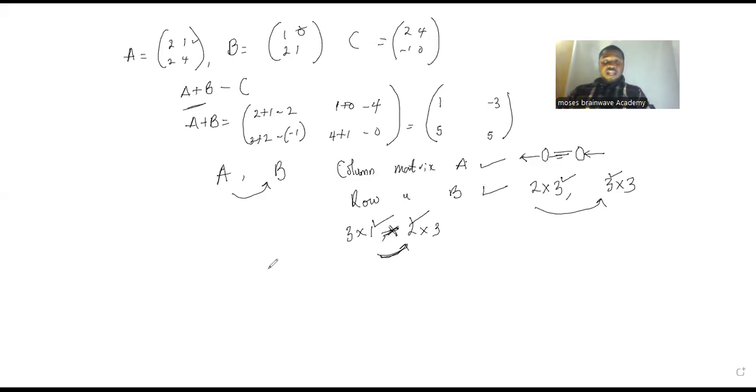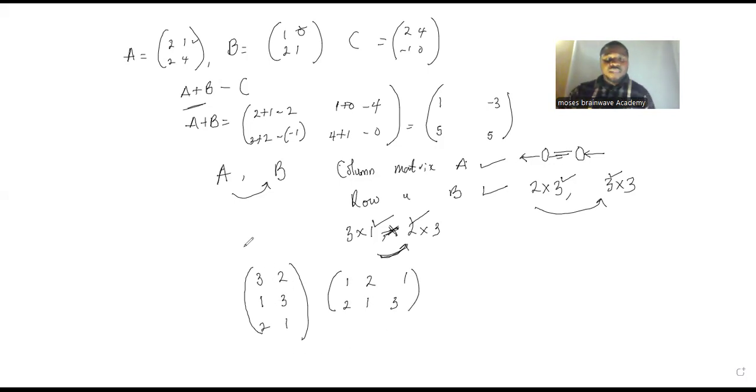So for instance, I have this matrix 3, 2, 1, 3, 2, and 1, and I multiply it with a matrix given to me: 1, 2, 1, and 2, 1, and 3. Can I multiply this?